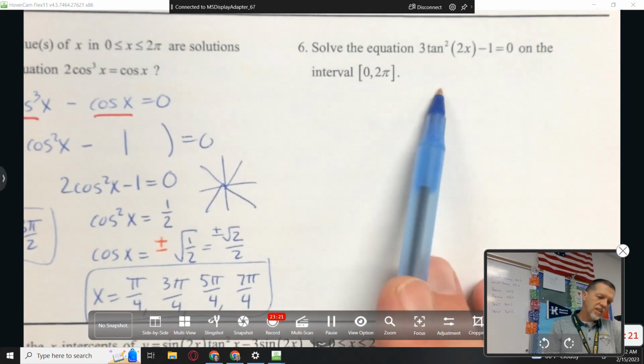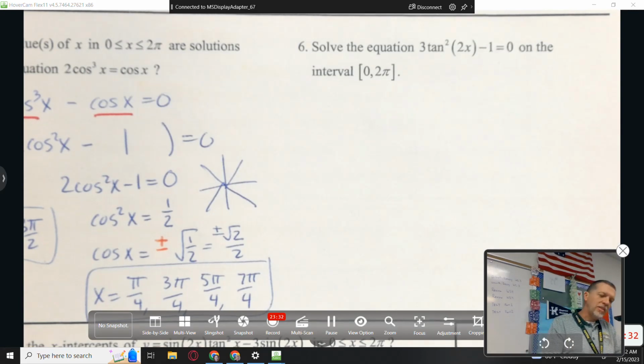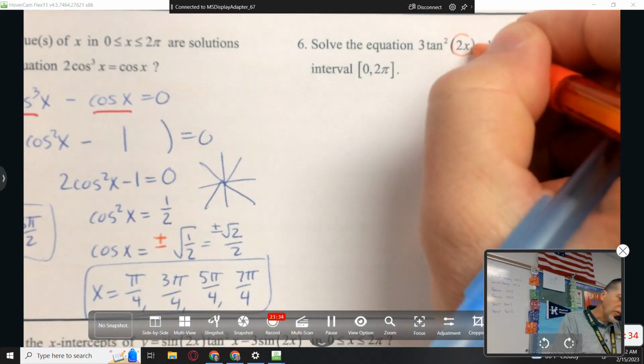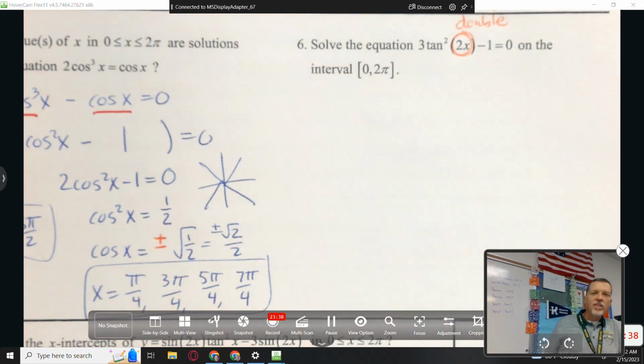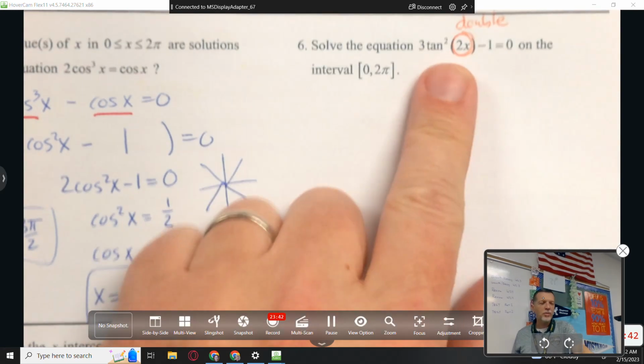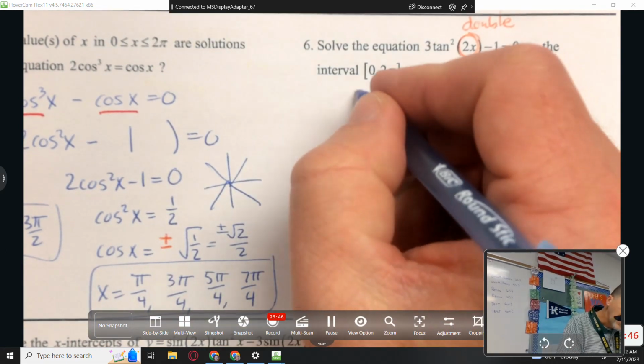Number 6. Oh, what do you see about number 6? Do you see why number 6 is on here? What's different about it? The 2x. That means I got to come up with those extra answers. I got to double my number of answers. So I don't know that means 4 answers because of the squared, so who knows? Let's just see what happens here.